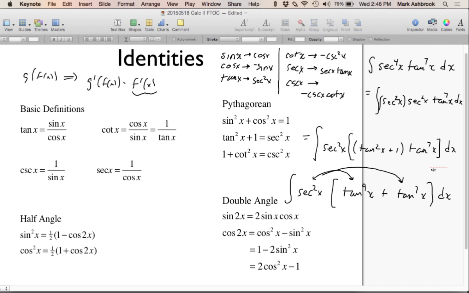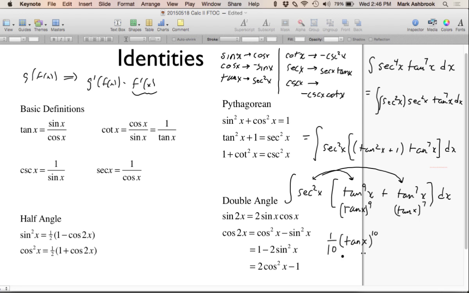So I'm thinking secant squared. If I can get a secant squared out and get everything else written in terms of tangent, then I'm home free with undoing the chain rule. So this is tangent x to the 9th, and this is tangent x to the 7th, just so we're seeing it correctly. This first term, secant squared times tangent x to the 9th: the antiderivative will be tangent x to the 10th with a 1/10.